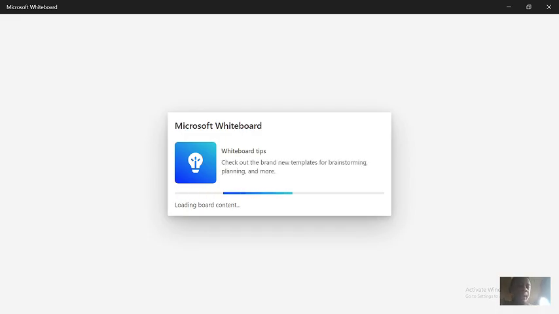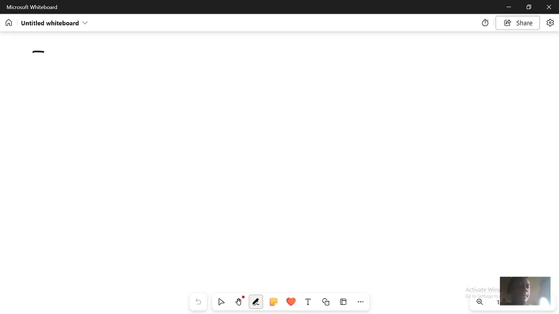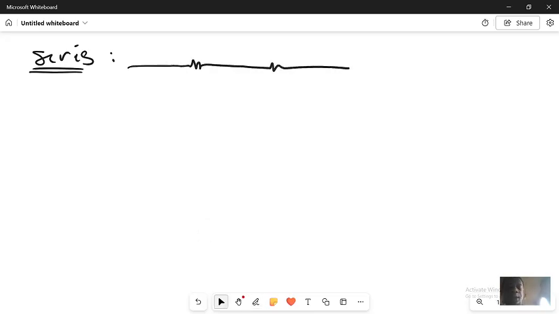Now when we have two resistors that are in series, it means that the resistors are flowing with the same current. Let's say for example I have this one and I have this one. I have R1 and R2.